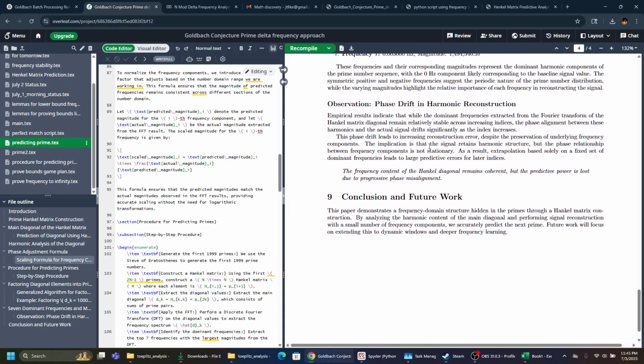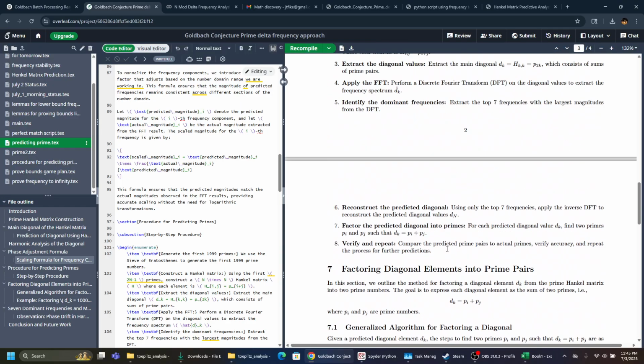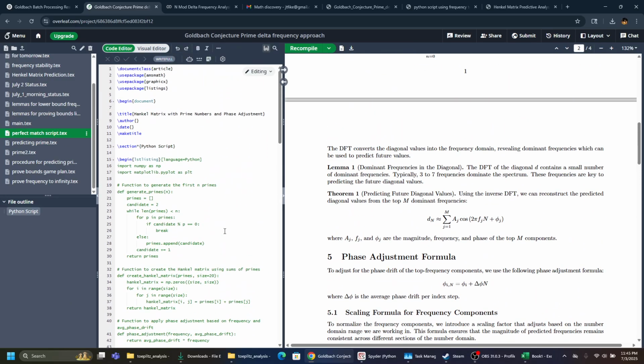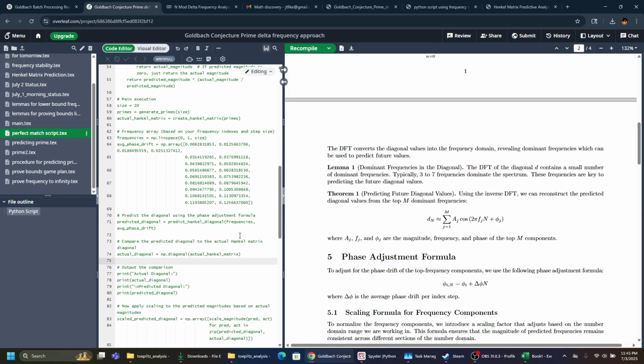Here's another note about the phase drift, and of course I do have my script, which created the Hankel diagram. You can see this is the average drift. It has to be calculated based on the size of the matrix that you're creating, and it also depends on where in the number system it's happening.